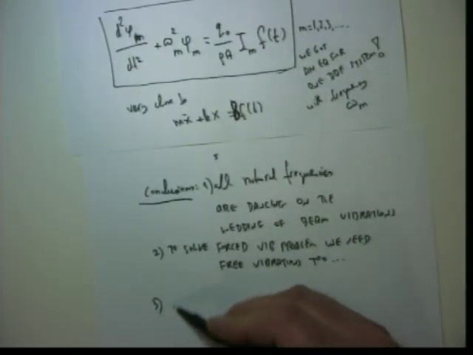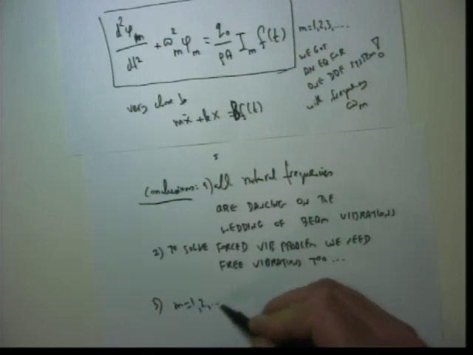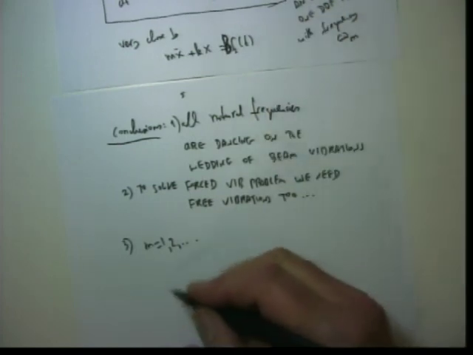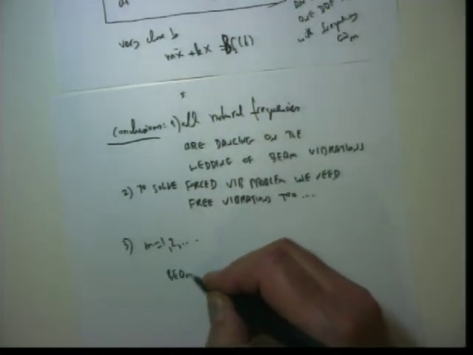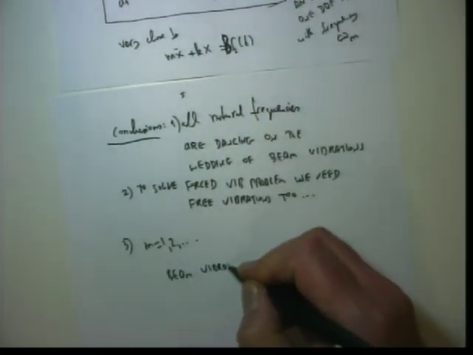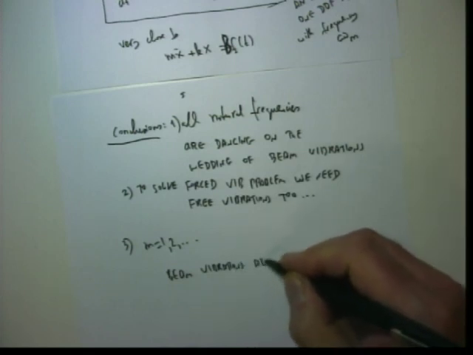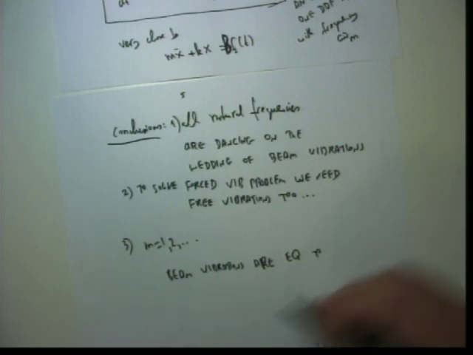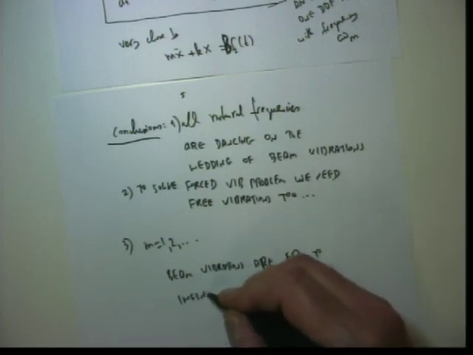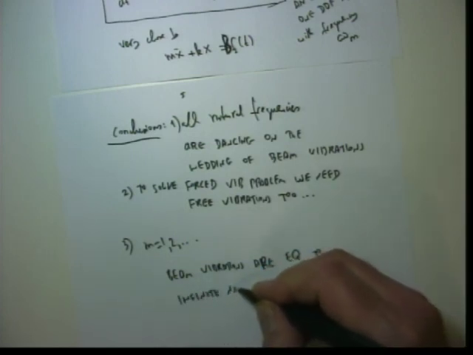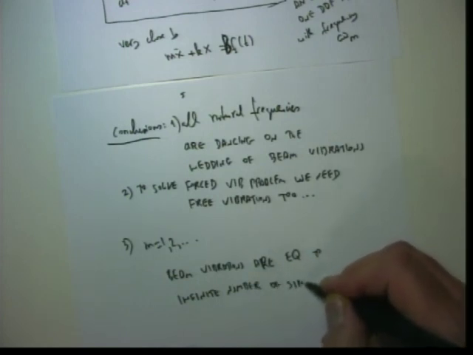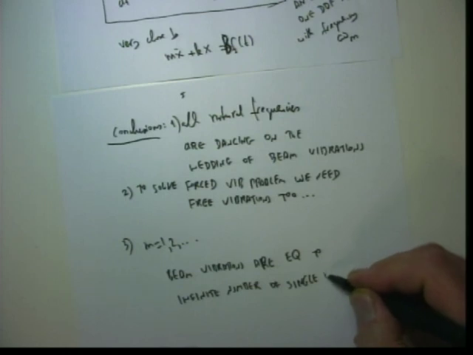Second thing, pay attention. Third conclusion, m equals 1, 2, 3, etc. Beam vibrations are equivalent to infinite number of single degree of freedom systems.